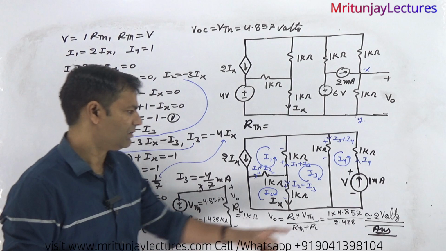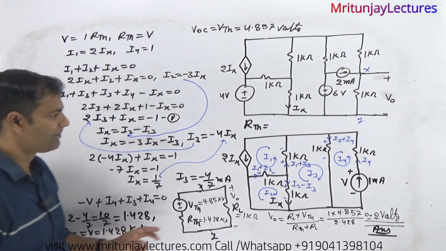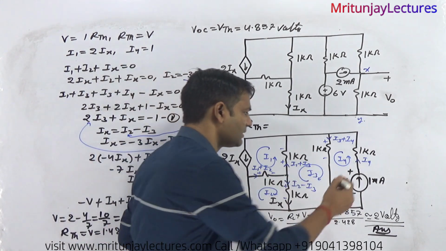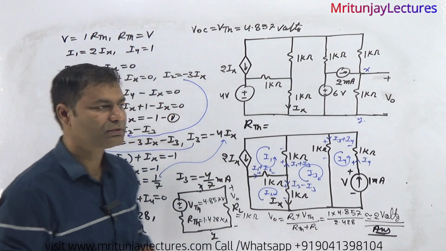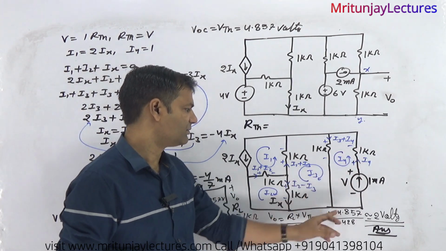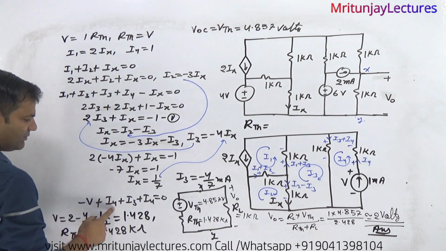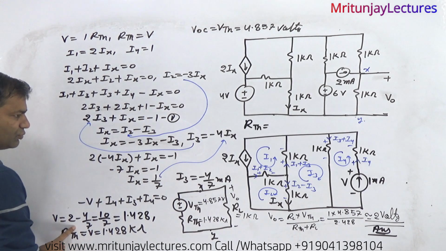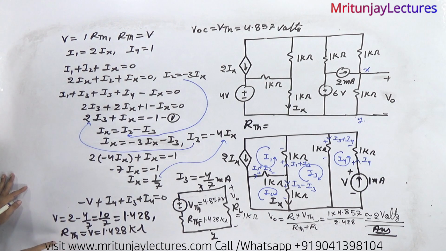After that, apply KVL in this loop, then we get minus V plus minus 1 into 1 milliampere, so 1 volt. Or you can say I4 plus I3 plus I4 is equal to 0. After that, put the values: 2 into I4, and I4 is 1, so 2 into 1.